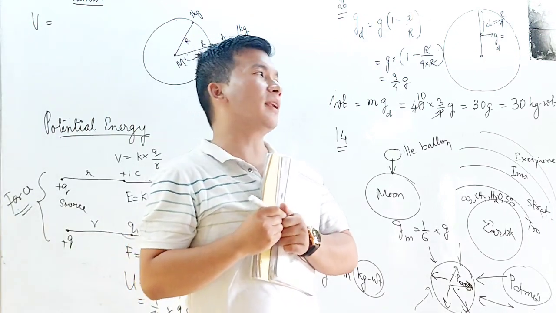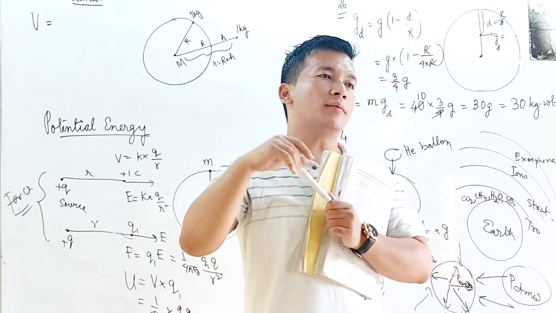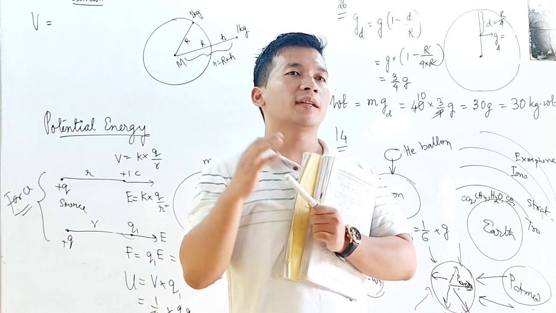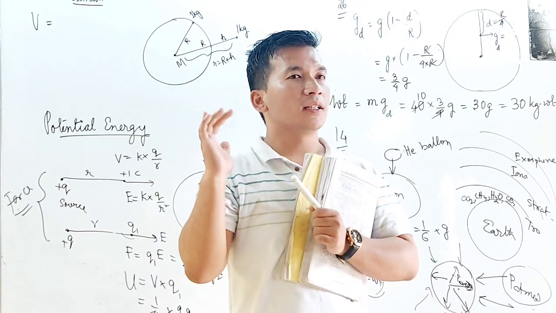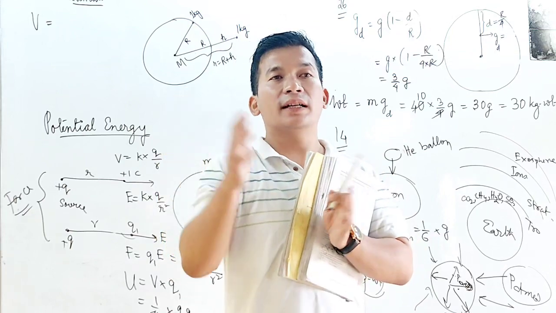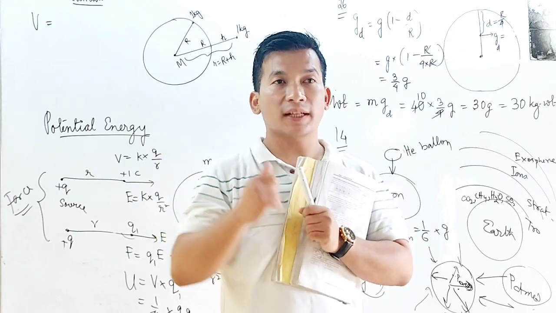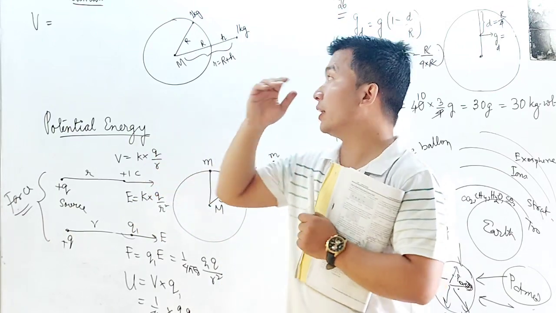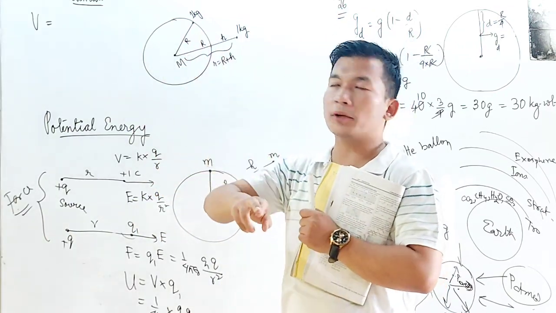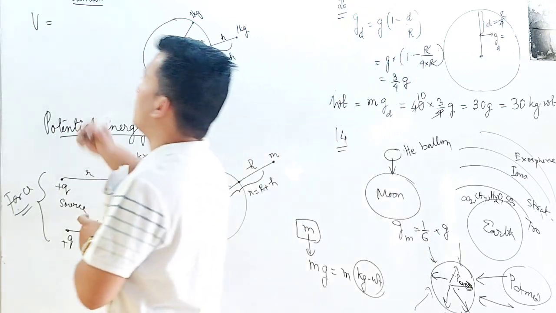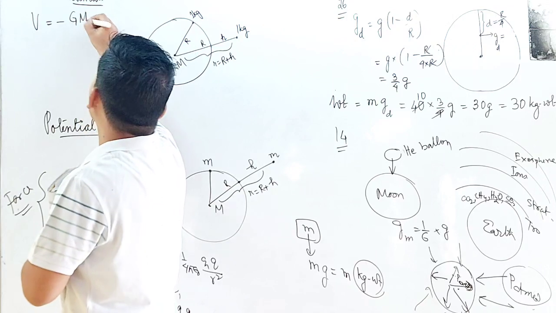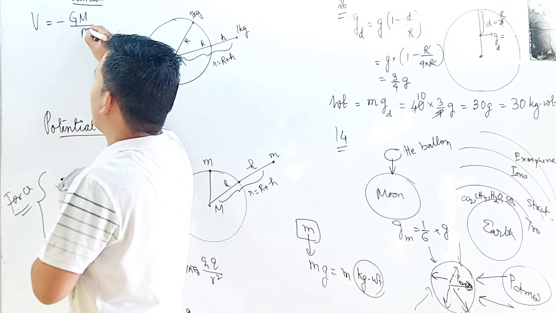According to our recent analysis, potential will be positive if the force is repulsive and negative if the force is attractive. In gravitation we have only attraction, so our potential will be minus capital G capital M divided by radius r.